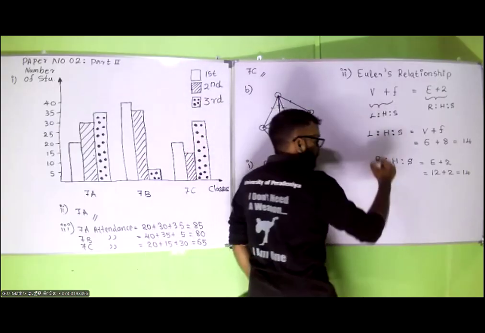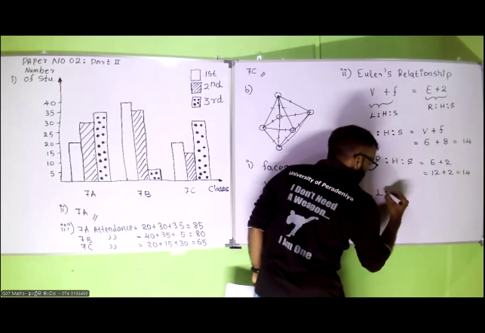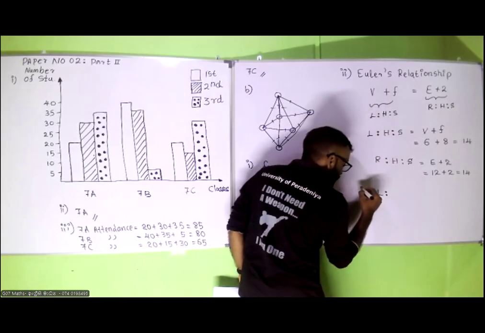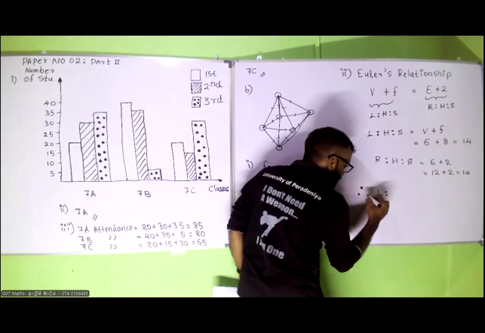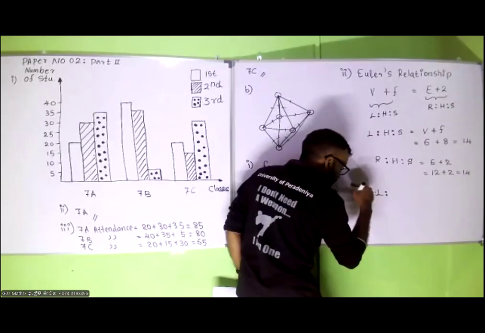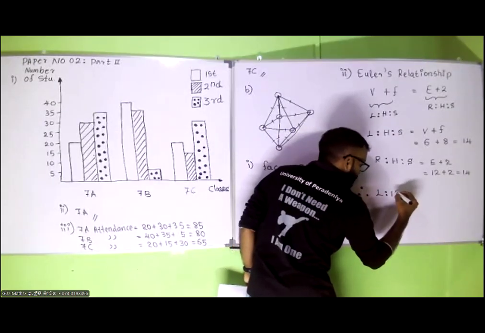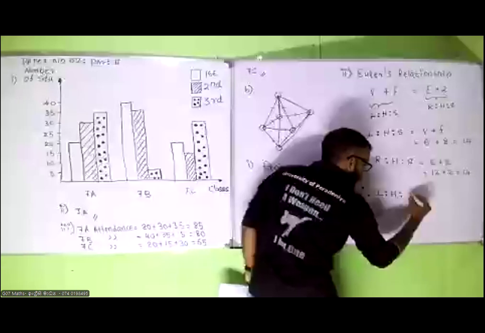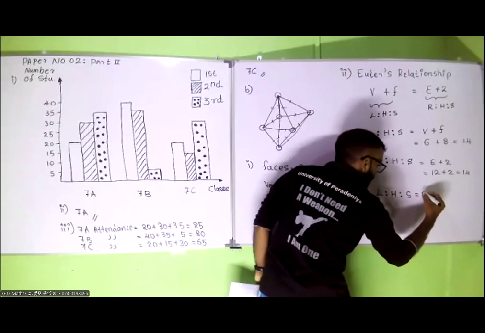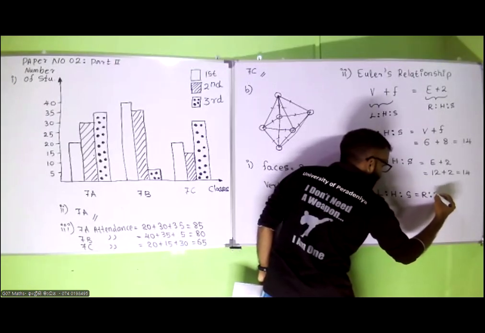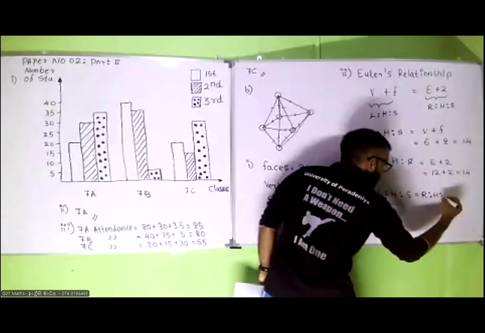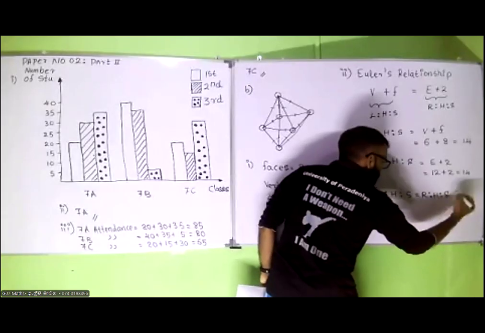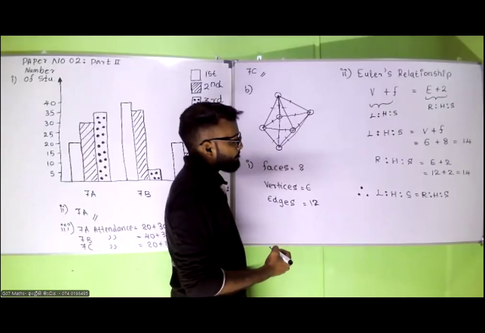So we can write: therefore, because of that, three dots, therefore LHS equals RHS.